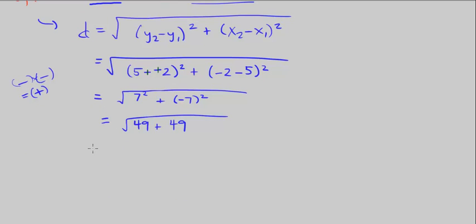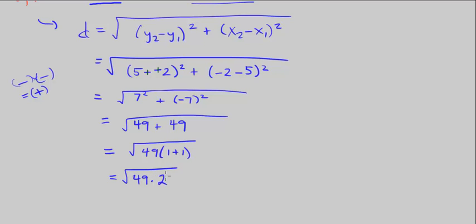I can now add those together and I get the square root of 98. So the distance between A and B is the square root of 98. Well, I know this is 49 plus 49. Before I did this step, I want to show you that I could have undone this step and factored out 49 and had 1 plus 1, which is the same as 49 times 2.